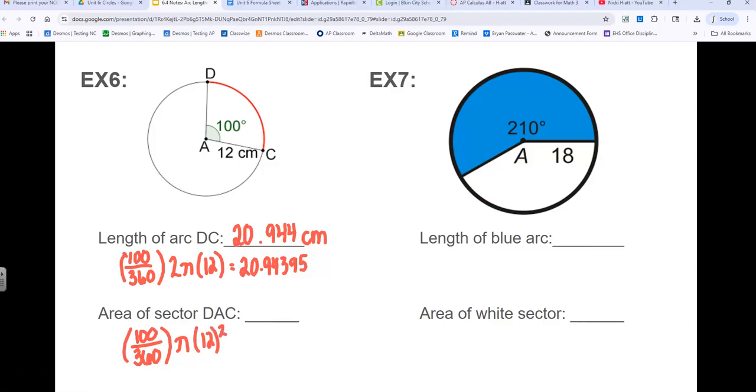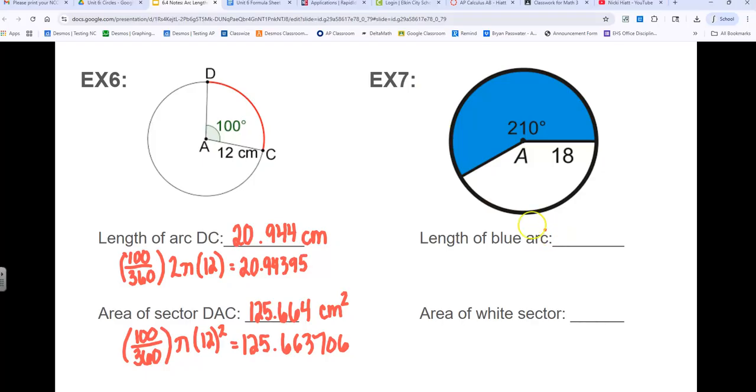And so when I do that, I am going to get 125.663706. So that would be 125.664 if I round that to 3 decimal places. And that would be square centimeters because area is always measured in square units there.